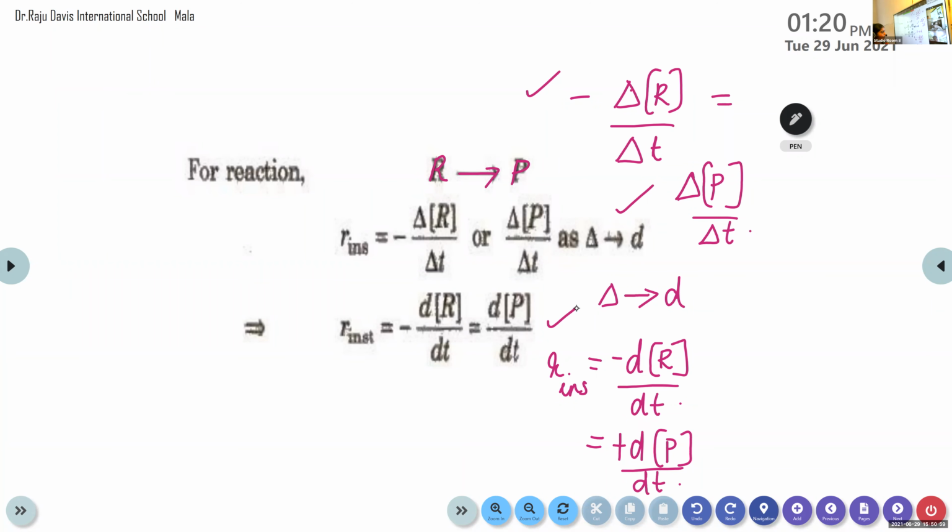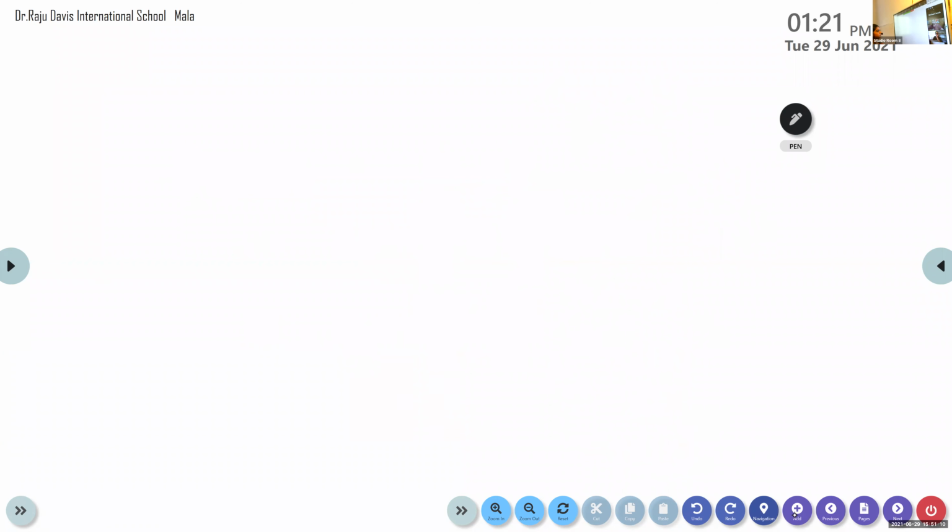Have you completed this slide? All of you? Yes. Then we can draw one graph. First we can draw the graph of concentration of reactants versus time. Okay. Concentration of reactants versus time.